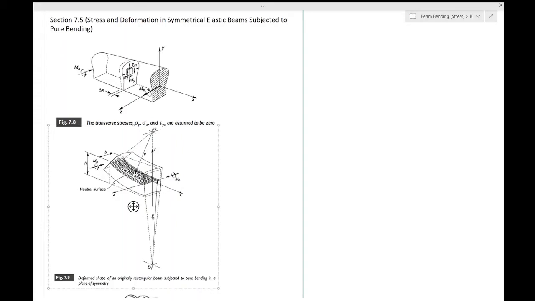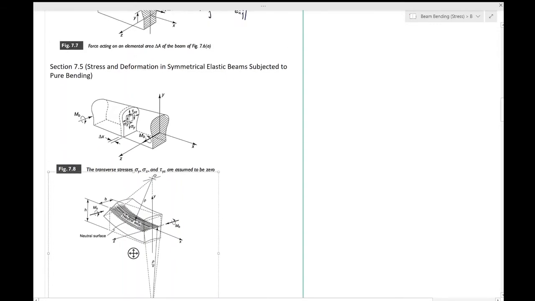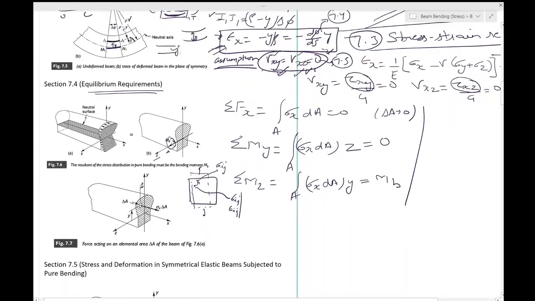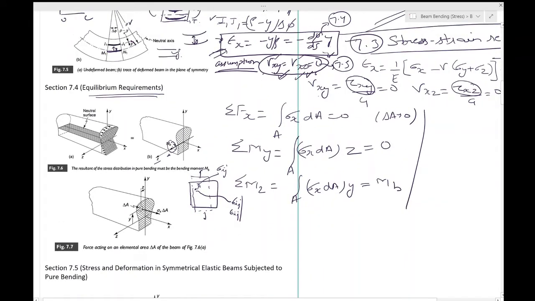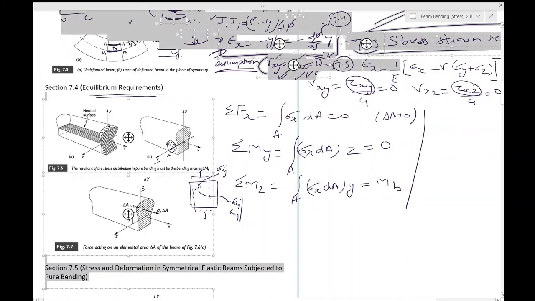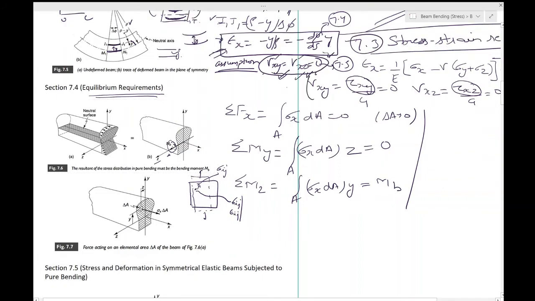So our aim is to draw out the solution which meets the requirements of 7.6 and 7.7. 7.6 was this, and this was 7.7, which is the Hooke's law stress and the equilibrium. So we want to now find out these values.